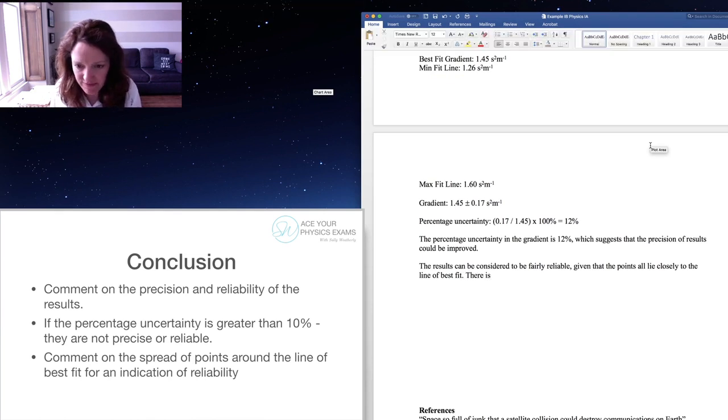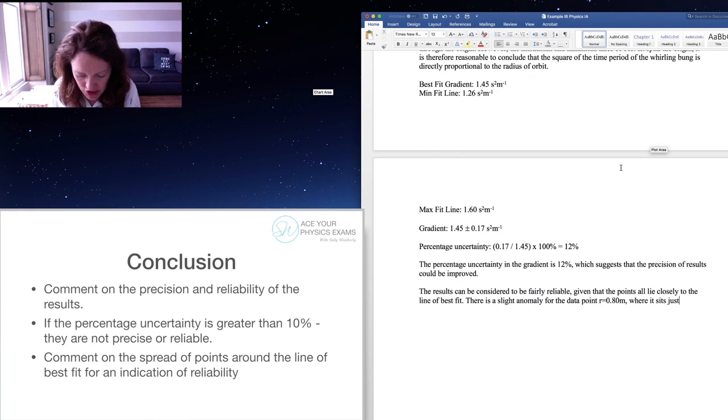There is a slight anomaly for the data point r equals, where it sits just below the trend shown by the other points.